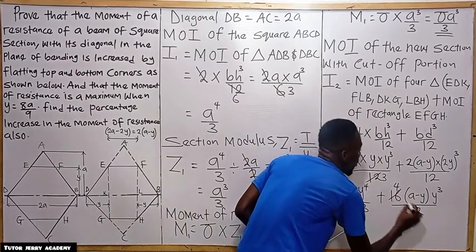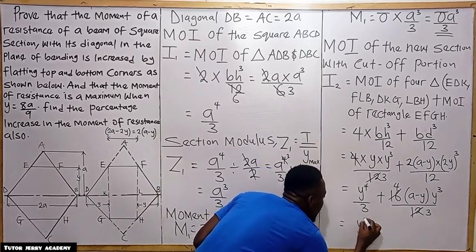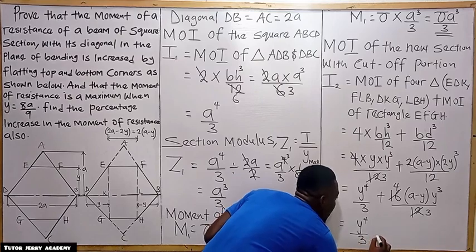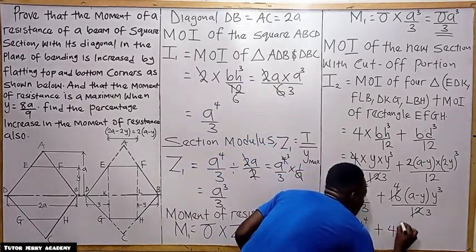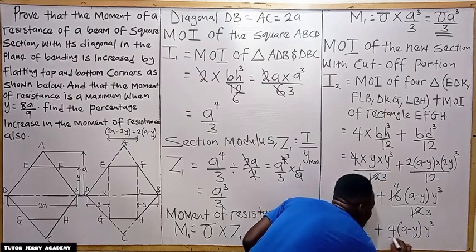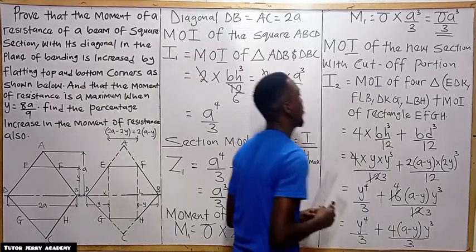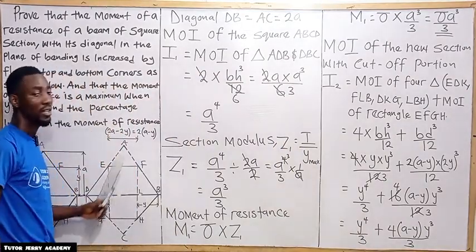And 4 over 12 is 1 over 3, so this is y to the power of 4 over 3 plus 4 into a minus y times y to the power of 3 over 3. We are going to clean this side, so you can take a screenshot.